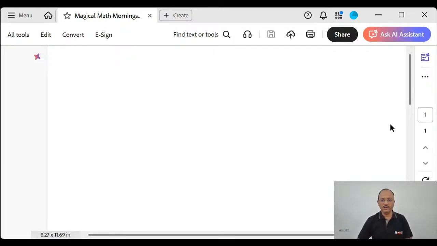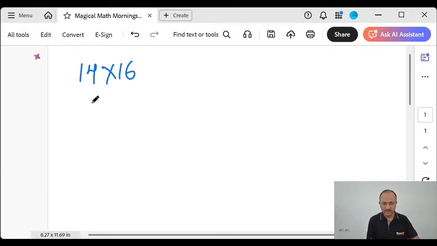Yes. Suppose you have two numbers. I'll take two simple numbers, maybe like 14 into 16. The difference is 2. 16 minus 14 is 2. Instead of multiplying 14 into 16, find the middle number.